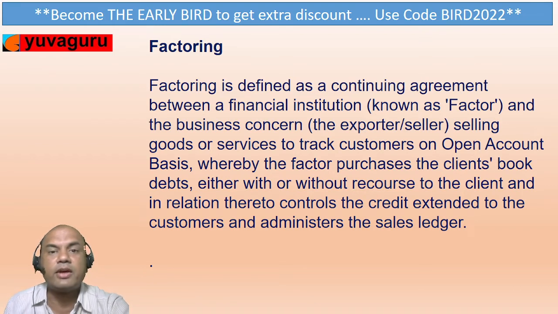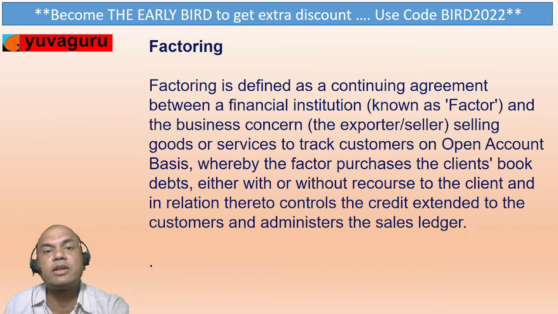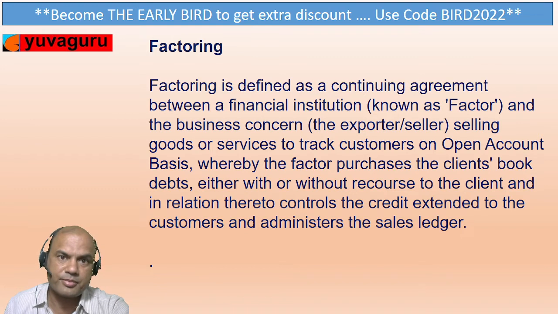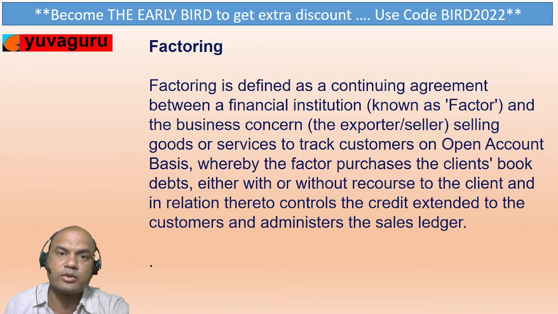Whereas in collection, if you see the collection basis, it's like DA and DP, means delivery against acceptance, delivery against payment. There the bank is involved in giving the documents to the buyer. Understand, for CDCS aspirants it's very important. DA means what?